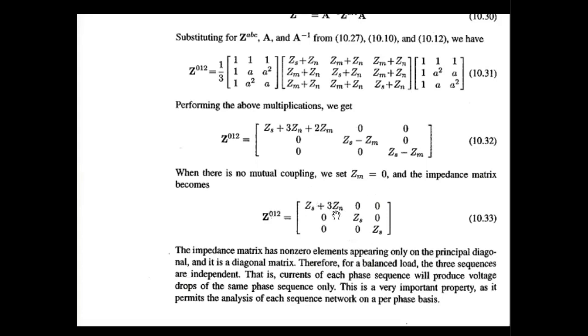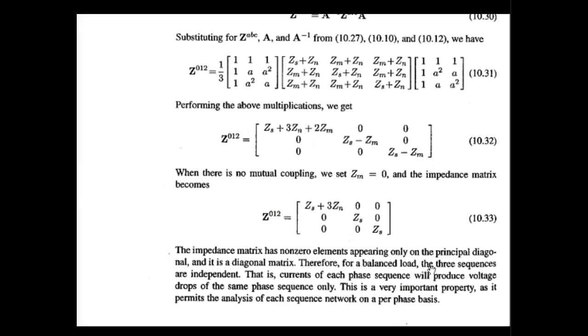They are in a diagonal matrix: the first term is Z0, the second Z1, the third Z2. All the sequence components are in this diagonal matrix. The impedance matrix has non-zero elements appearing only in the principal diagonal.